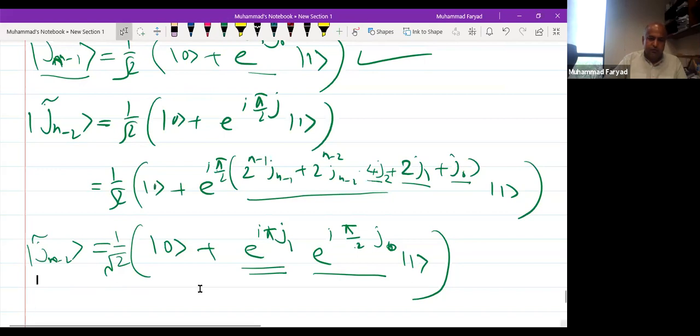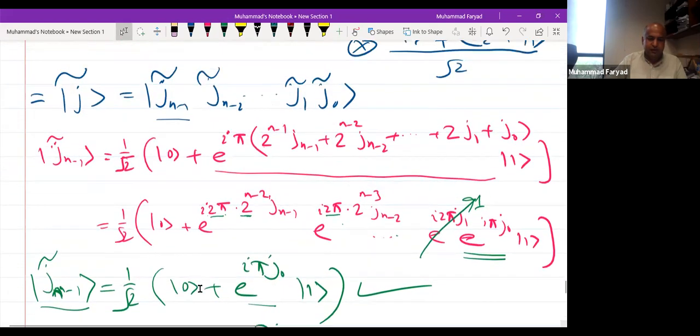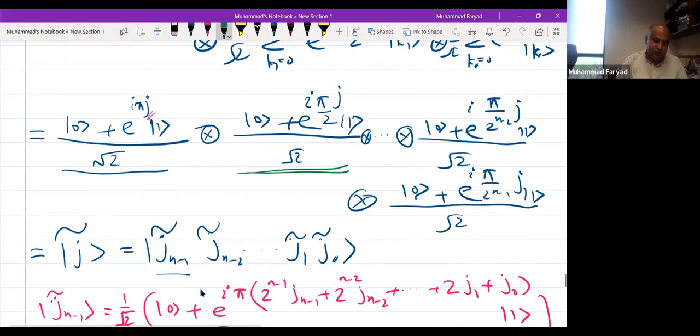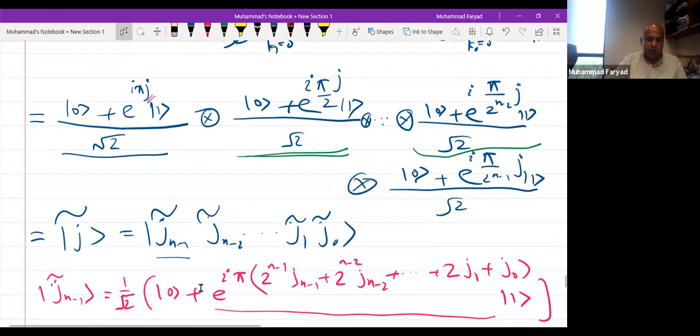Okay, so this way we can continue and see that the next term is actually a Hadamard on j2, a pi by 2 phase controlled by j1, and a pi by 4 phase controlled by j0, and so on. And we keep going. And let's see what's actually this second last term. So this term is exponential iota pi over 2 power n minus 2j.